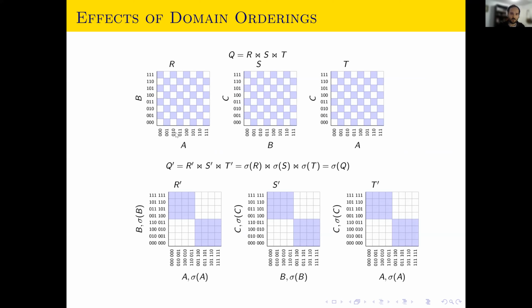However, if we reorder the domains of these attributes and place the even valued columns all adjacent to one another and the odd valued columns adjacent to one another, and the same with the rows, we get this second query Q prime, R prime join S prime join T prime, which has a box cover and a certificate size of just 6 for the whole query. So that's a great improvement.